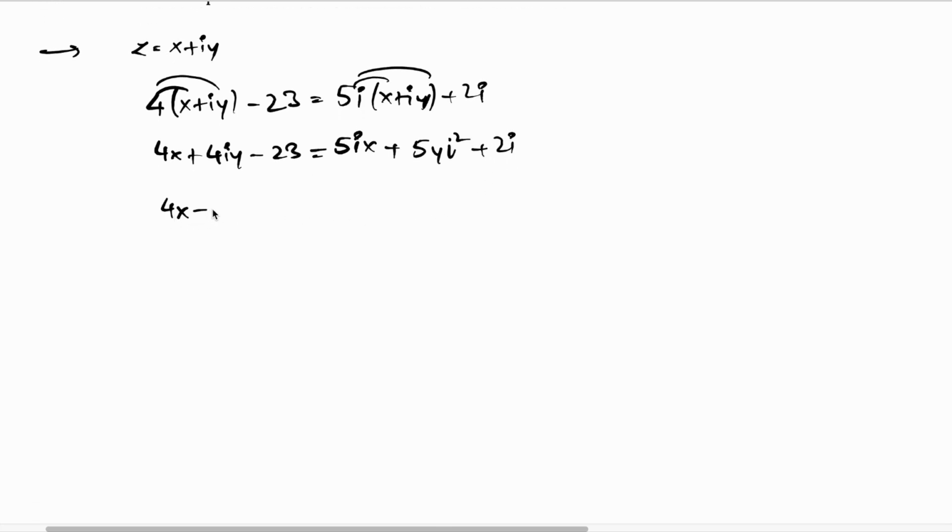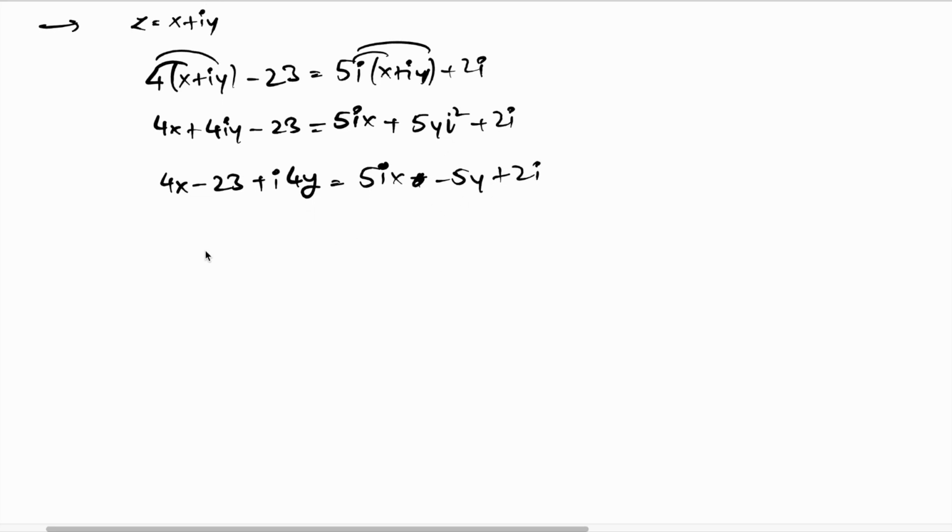So this becomes 4x minus 23 plus i times 4y is equal to 5ix, and i squared is minus 1, so this becomes minus 5y plus 2i. Collecting the real parts on the left hand side, 4x minus 23 is the real part, and the imaginary part is 4y. On the right hand side, it's minus 5y as the real part and the imaginary part as 5x plus 2.